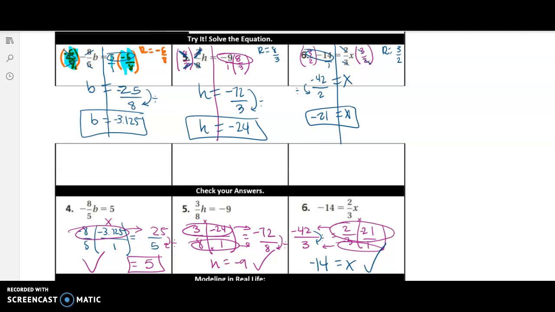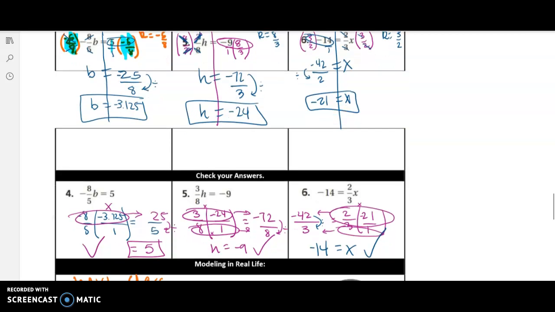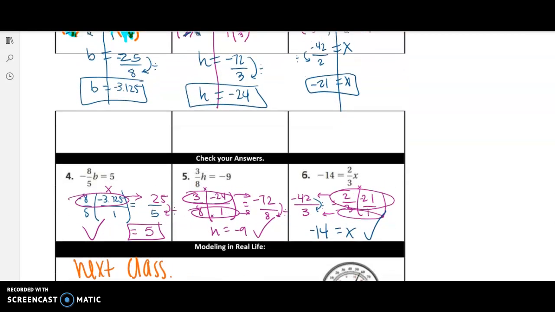So we're going to divide that in our calculator, and we get a decimal, and that's okay. So it's negative 3.125. When I check my work, I take 8 times 3.125, and then divide by my bottom number, because 5 times 1 is 5. So 25 divided by 5 gives me 5. I know I got that correct.